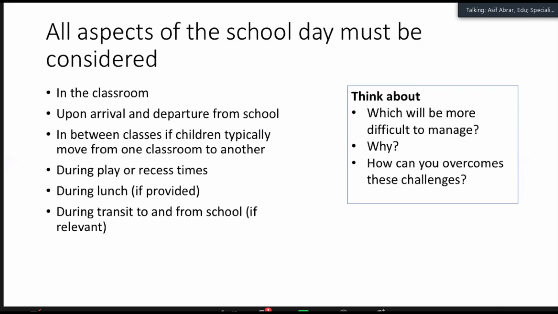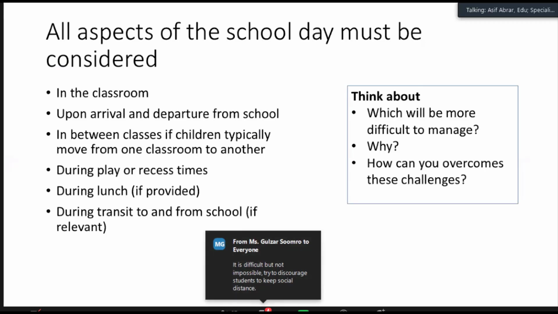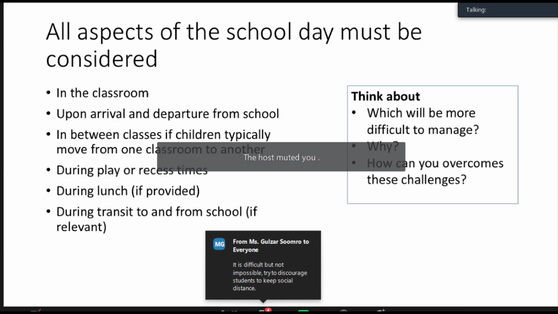It's also important that during transit to and from school, if applicable in some schools, we need to see how the students go from one classroom to another classroom to attend different classes. This is also important in terms of post-primary, secondary, and high secondary schools. If the students have to move from one classroom to another, we need to encourage them not to move in a group when they enter the classroom, or if they move from one class to another. So these are the things that we have to consider.